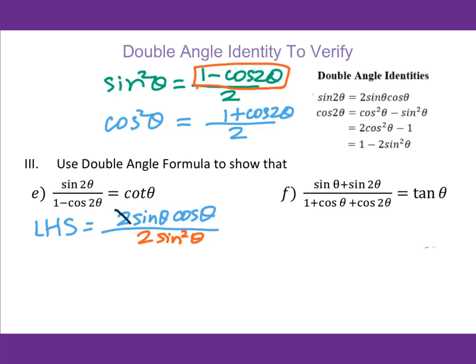Then I reduce 2 sine theta, leaving sine theta. That's how you get cotangent theta. That's the right hand side.